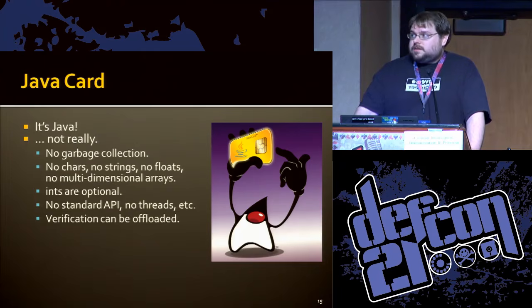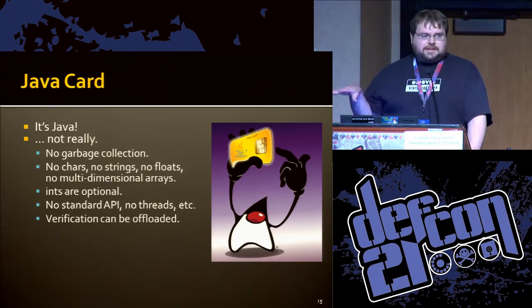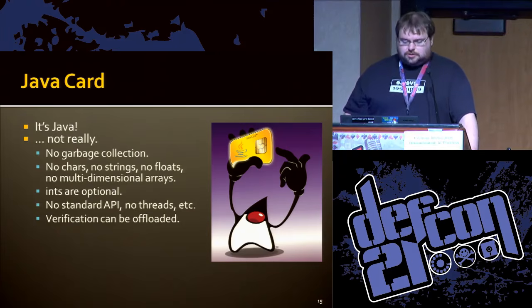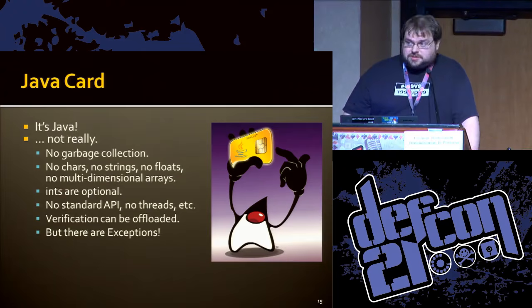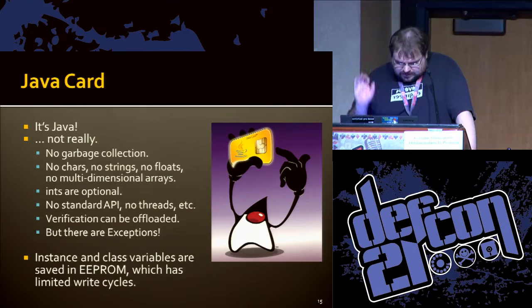Java Cards do not have to verify the apps that are loaded onto them. That is sort of delegated to whoever installs the applications, which, as you'll see later, typically means that you can't load apps onto arbitrary Java Cards. There are exceptions, though, so everyone loves exceptions. That's how you return errors back to the smart card interface.